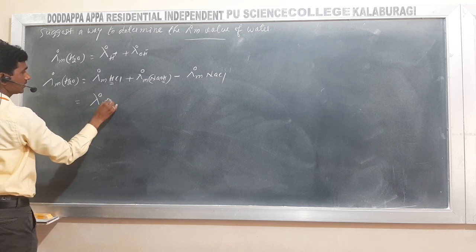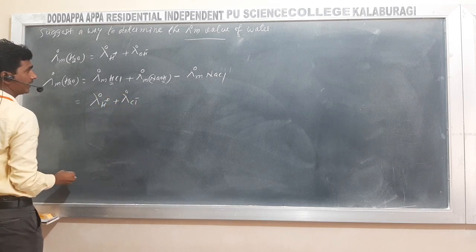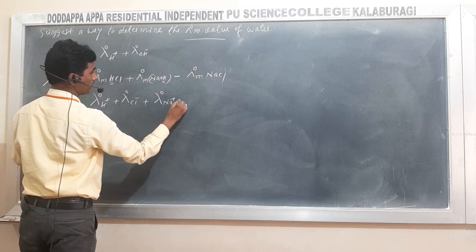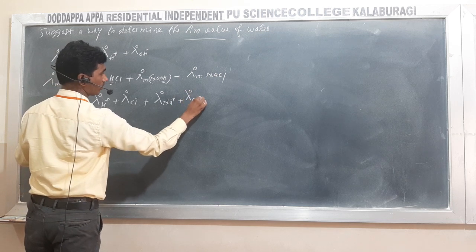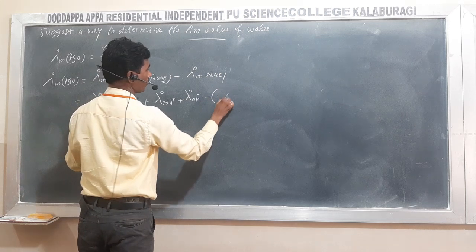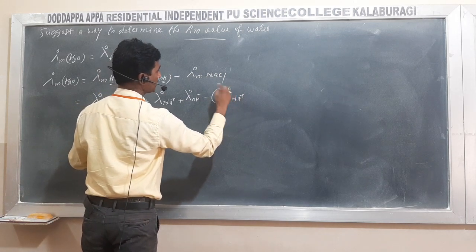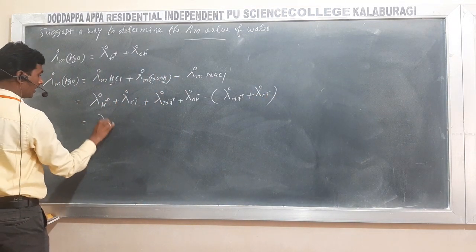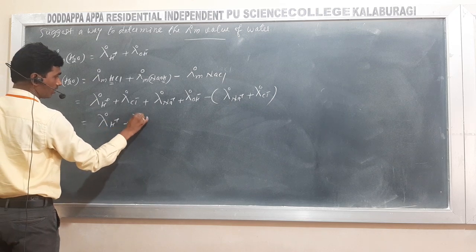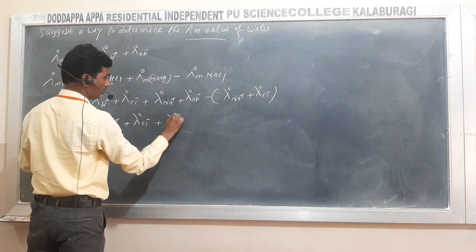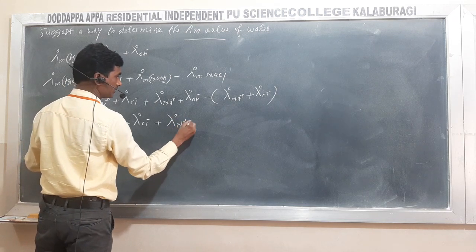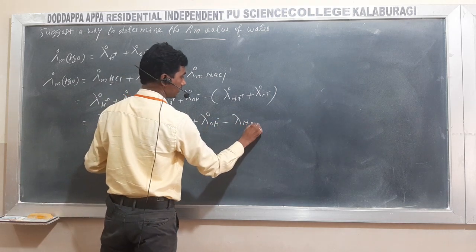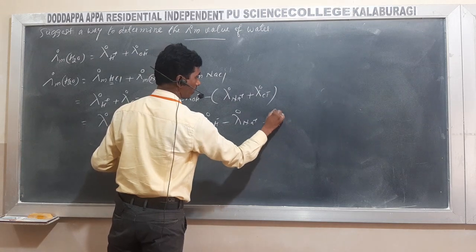Lambda naught of H plus, lambda naught of Cl minus, plus lambda naught of Na plus, lambda naught of OH minus, minus lambda naught of Na plus, minus lambda naught of Cl minus.